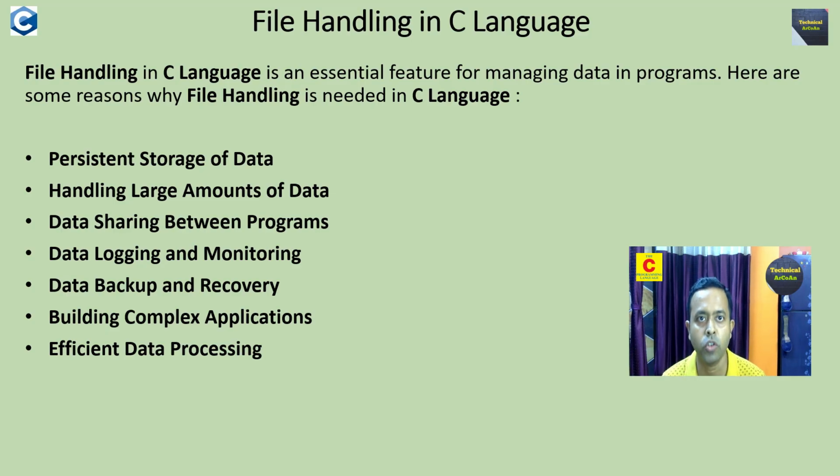So friends, today's topic is file handling in C language. At first we should know what file handling is. File handling in C language is an essential feature for managing data in programs.